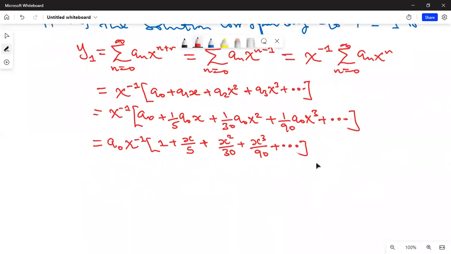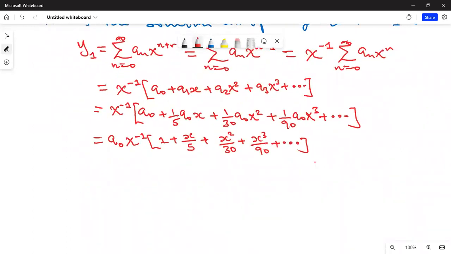Now we can say, let a naught be equal to 1. So you can just put a naught equals 1, so that you can get rid of that, because it's a constant different from 0.